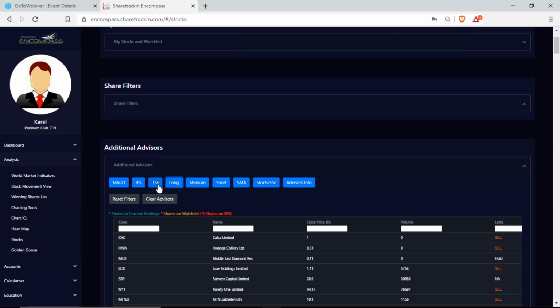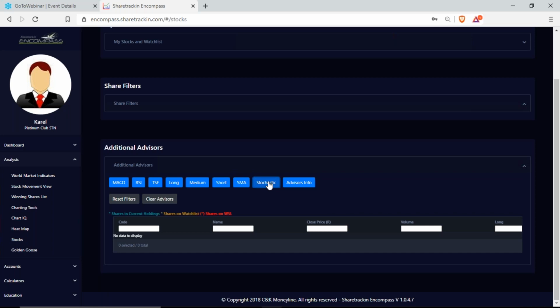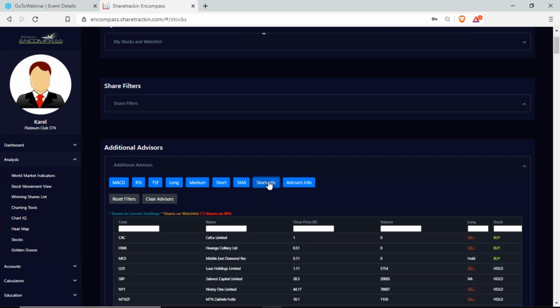If I use a long and a RSI, that's more the shares that you would put on your watch list, because they are close to the buying signal. So I'm going to click on stochastic. Now we just wait for everything to pop up.